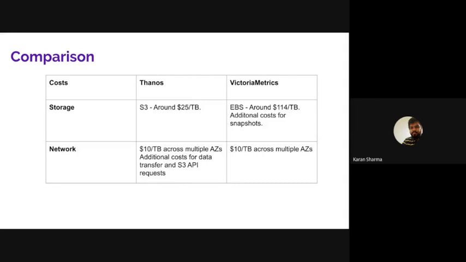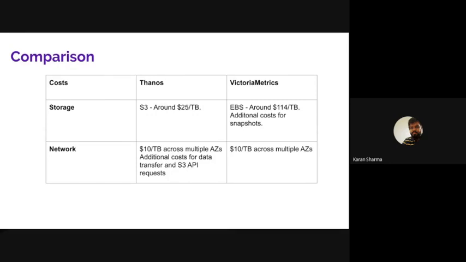VictoriaMetrics regularly compacts the data and performs disk compaction on those chunk blocks. So you end up spending less, even if S3 is cheaper, because you're saving 10x of the disk space on the same kind of data.